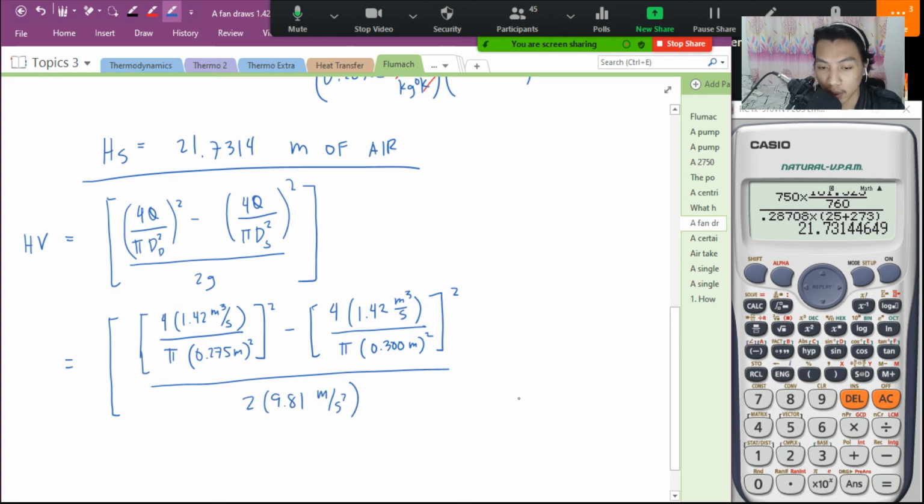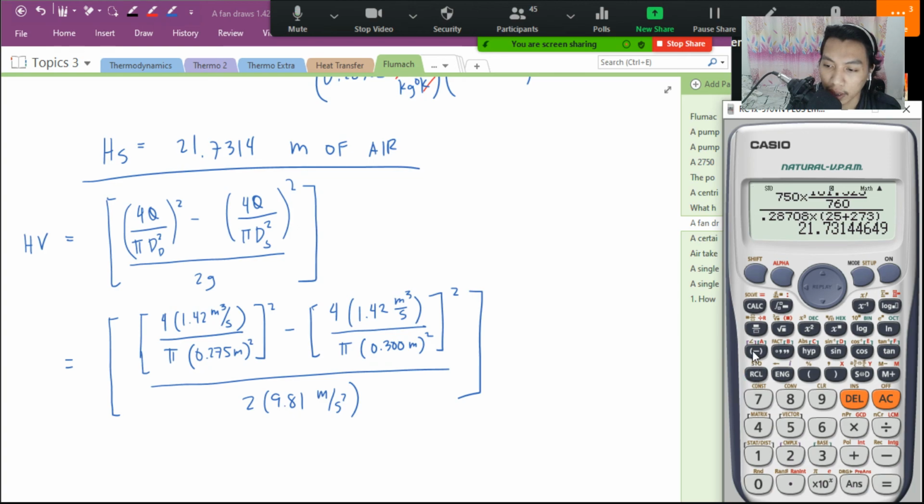Ang lalabas dito, meters of air. Okay? Store natin tong value nito kay A.